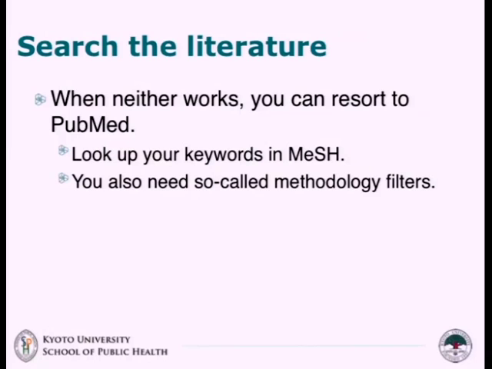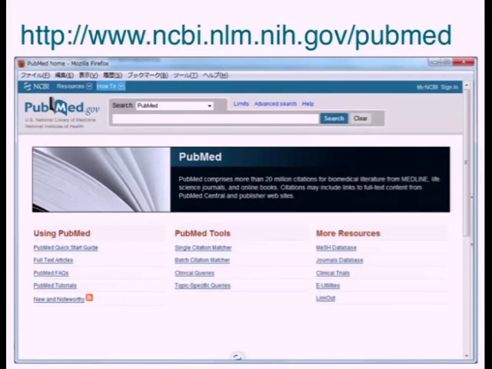There are many things you can learn about PubMed, but let me give you 2 important tips that I find most useful. First, use MeSH to expand your keywords. MeSH is a keyword with which each article in PubMed is indexed. So, if you can find appropriate MeSH, your search will be more comprehensive.